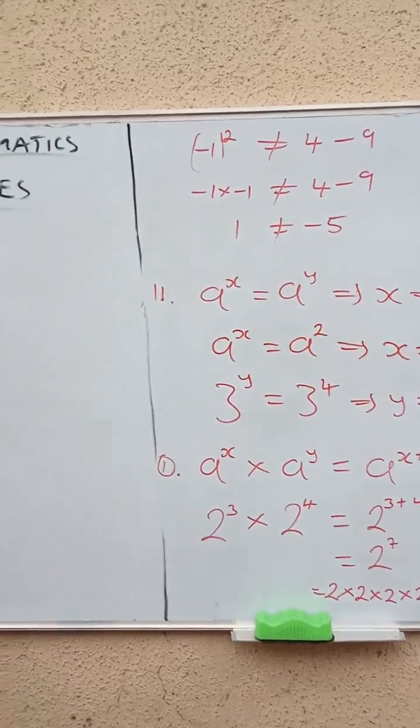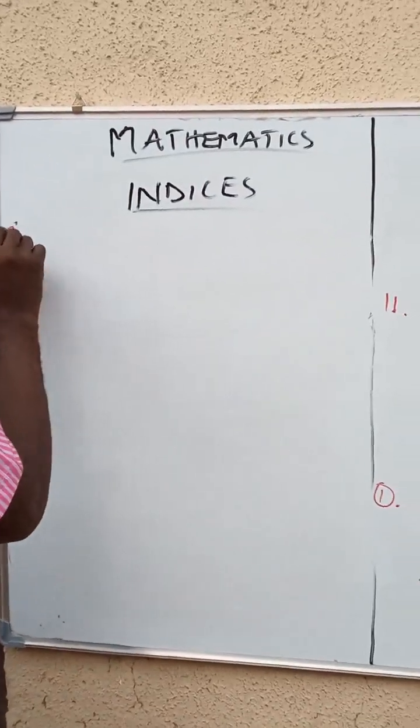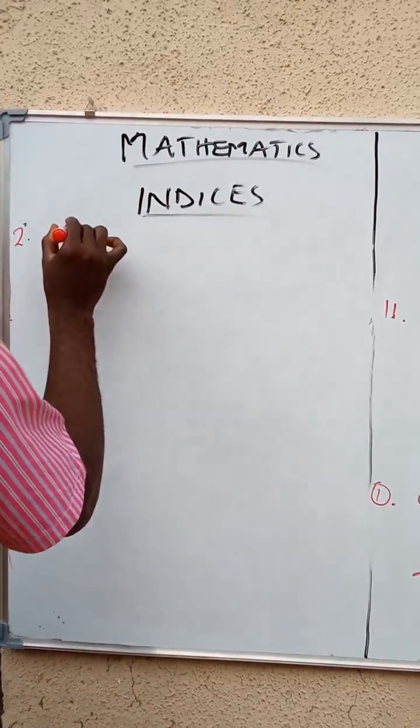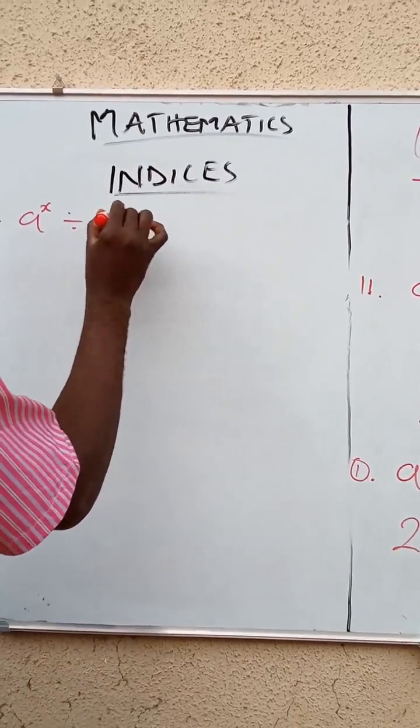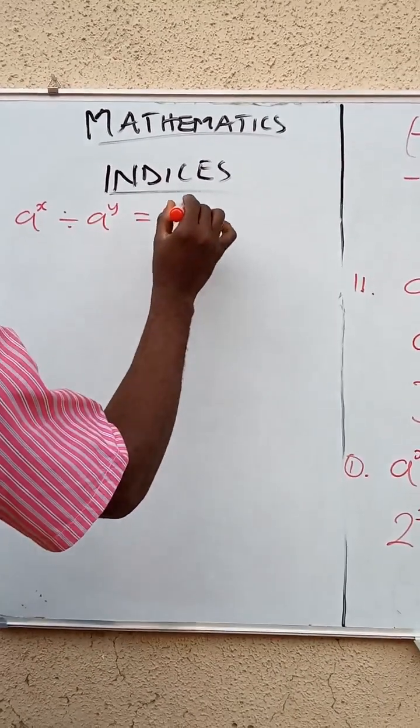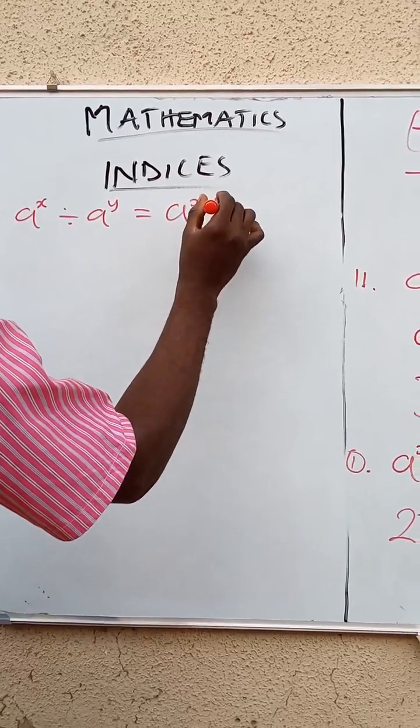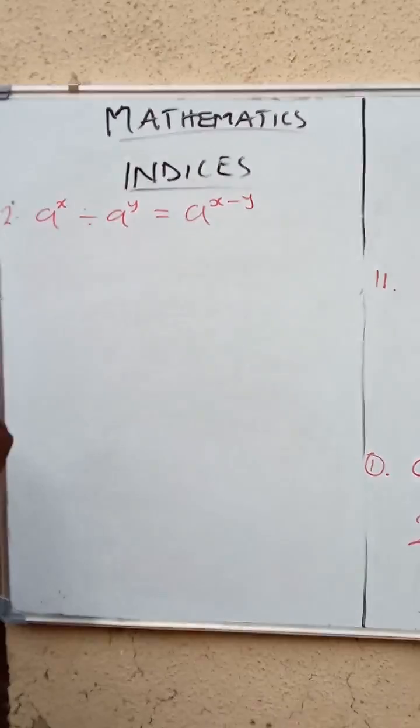So the second law, I said a raised to the power of x divided by a raised to the power of y is the same thing as a raised to the power of x minus y.